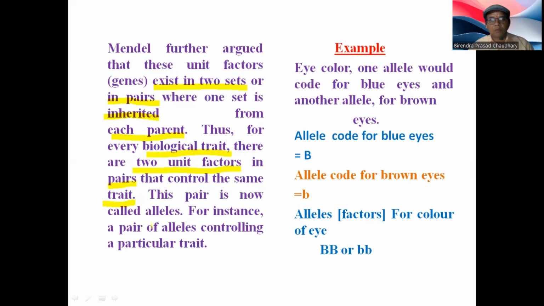This pair is now called alleles. अहिले हामी हेर्दाखेरि यसलाई हामी एलिल भनेर पनि बुझ्छौं। For example, a pair of alleles controlling a particular trait. In a simple way, we can say that a pair of alleles controls a particular trait. भनेको a particular character is controlled by a pair of alleles.